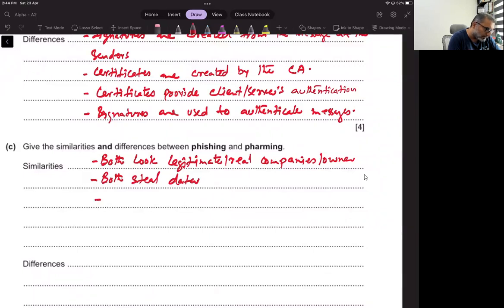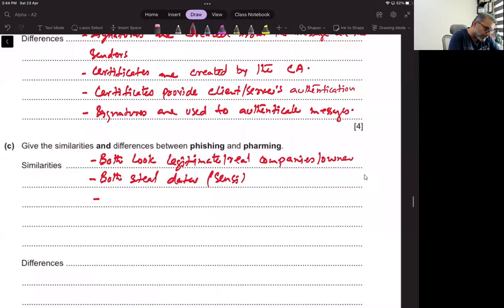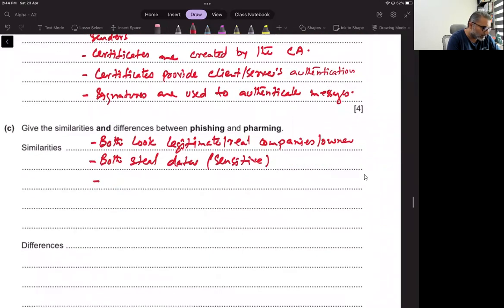Both steal data, or sensitive data, whatever you call it. Both are hacking tools.